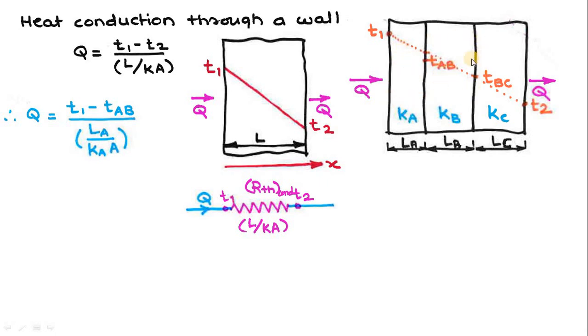Now let's take a look at this diagram. For this composite wall, if I consider this single slab, Ka is the thermal conductivity of that slab, La is the thickness of that slab, and T1 and Tab are the temperatures where T1 is greater than Tab. In this case, we can write our equation for Q is equal to T1 minus Tab divided by La upon KaA. Ka is the thermal conductivity and A is the cross sectional area.